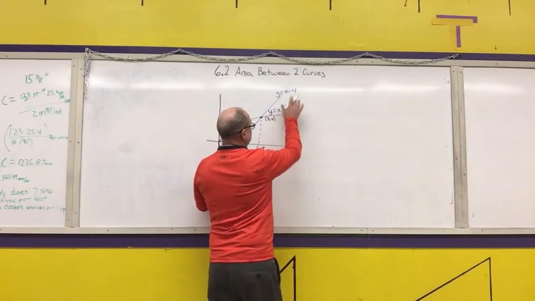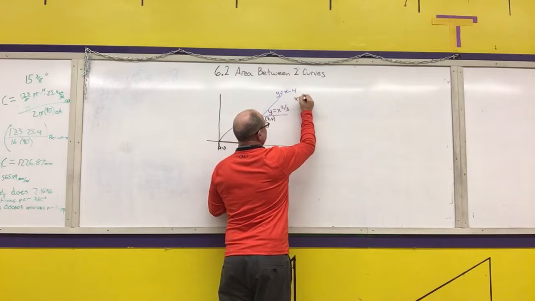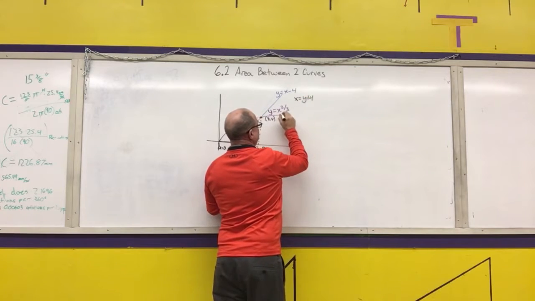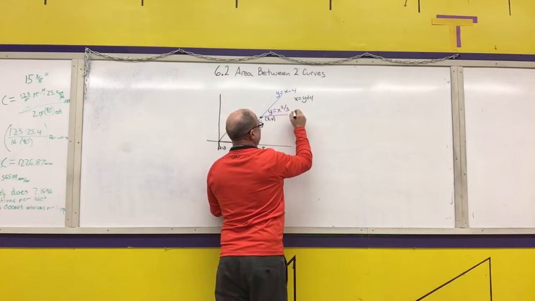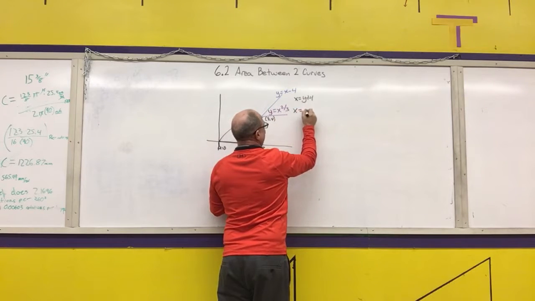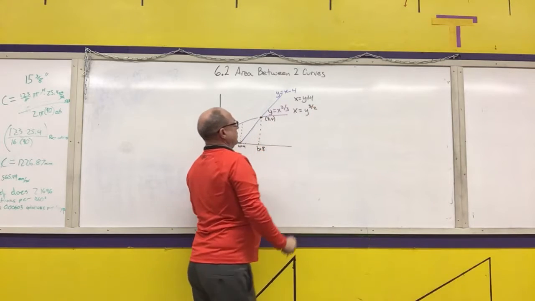So look what happens if I rearrange these 2 equations. I can write this as x equals y plus 4. I can raise both sides to the 3/2 powers, and I can get x equals y to the 3/2.